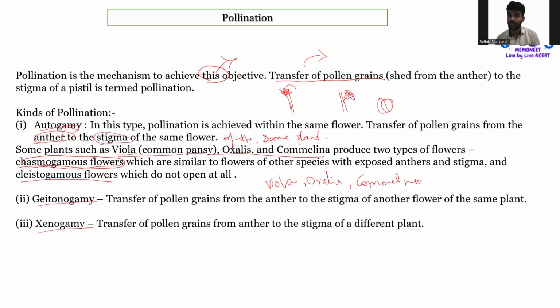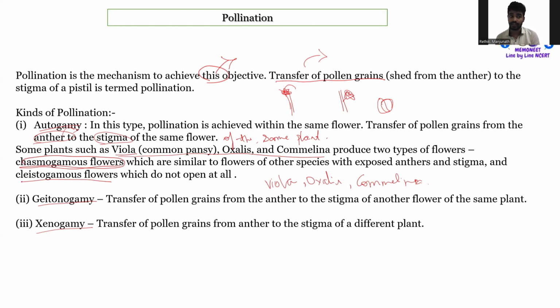During pollination, both the anther as well as the stigma get synchronized to each other. Therefore, when a pollen grain is released, it gets transferred to the stigma and fertilization may happen. This is one thing.